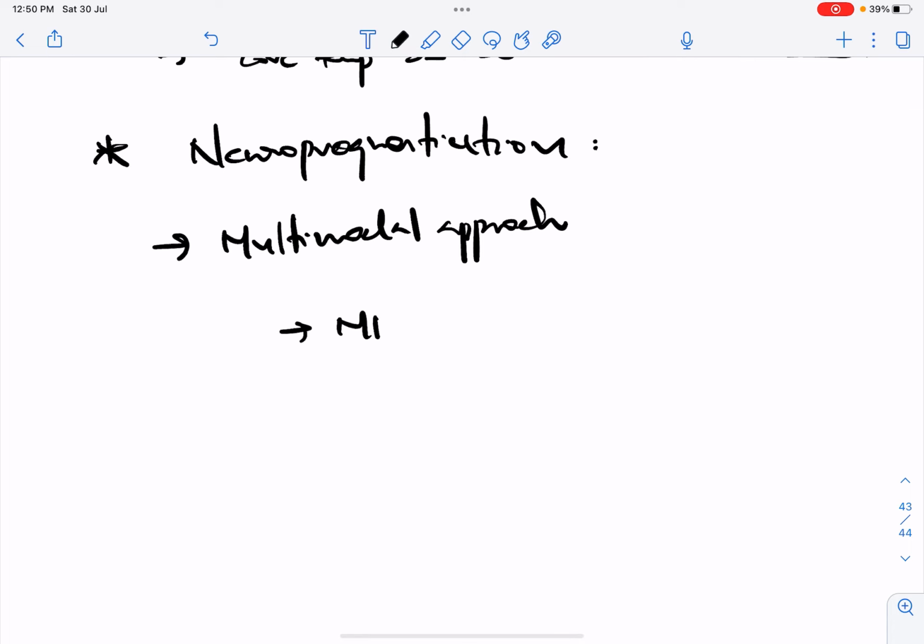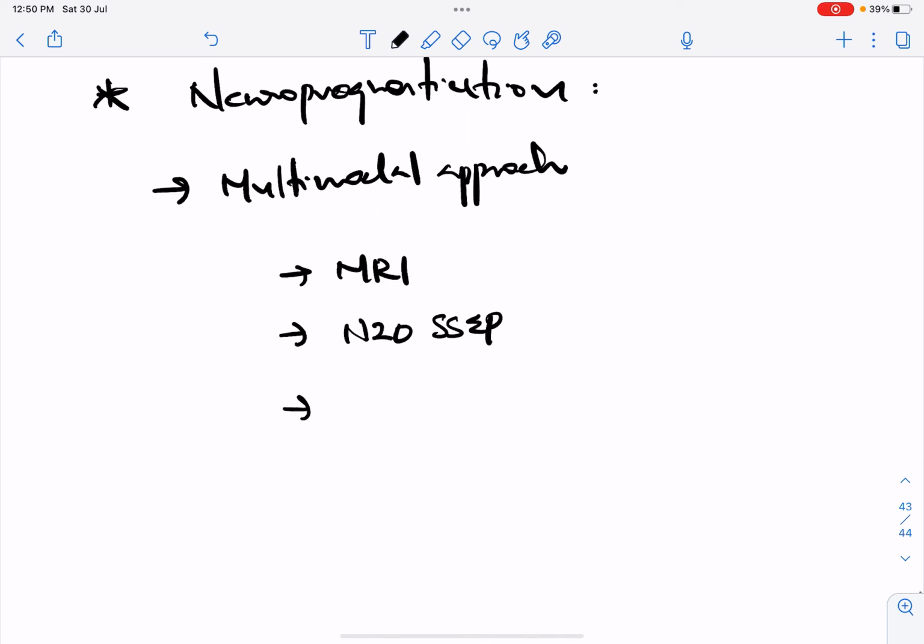We can use MRI and N20 SSEP, which is an electrophysiological study, and EEG for status myoclonus.